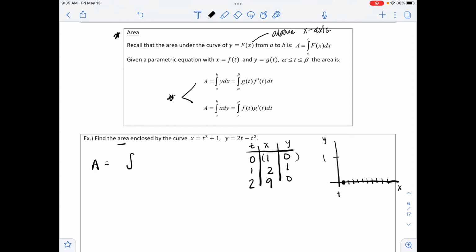And this would be when t is equal to 0. And then when t is equal to 1, we have 2, 1. And then when t is equal to 2, we have 9, 0. So this parametric curve would look something like this. And again, remember that that third variable, that t variable, will tell us the direction.